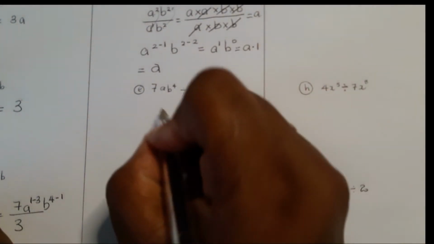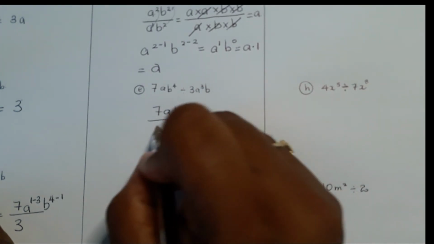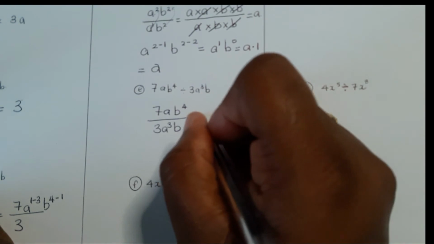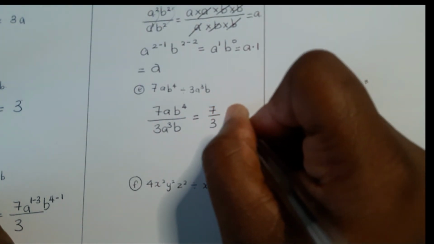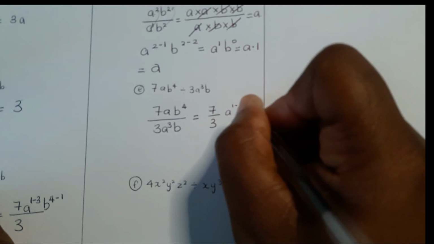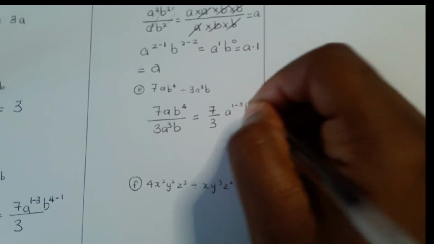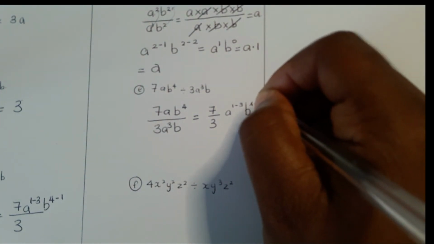We have 7ab to the 4th over 3a cubed b. And again, we could do it like this: 7 over 3, and we say a to the 1 minus 3. I think this is the same thing as I did before, so I probably have the same question twice.